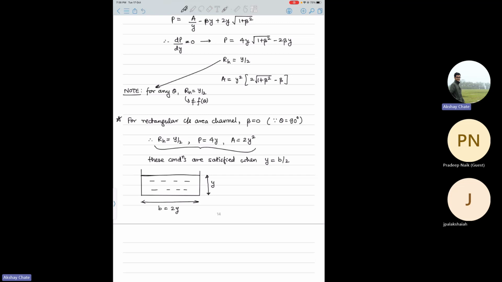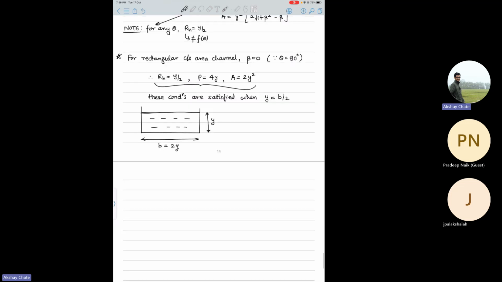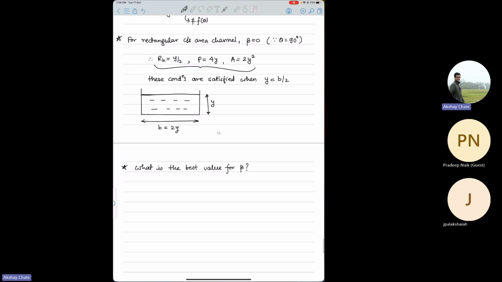And one more question. I am again skipping the math here. They ask for a trapezoidal channel, what is the best value for beta? So basically they are asking at what angle theta you will have maximum flow rate. For that, you equate the derivative of the perimeter expression with respect to beta to 0 and get the value.